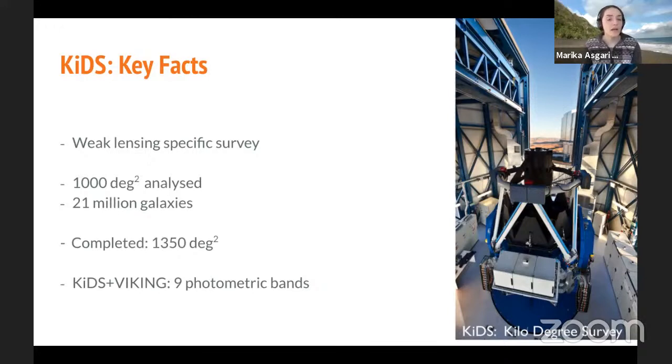And then we have 9 photometric bands, which we use to estimate the redshifts. This is a bit special about KiDS, because when you combine KiDS with its sister survey, VIKING, you get 9 photometric bands, which is more than the number of bands you get with other surveys in general. And that helps with getting better estimates for redshifts.